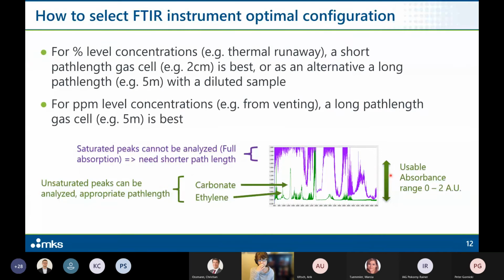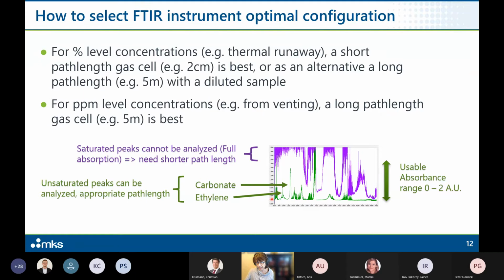Just to show you what happens with percent level concentration during a thermal runaway: if you use a regular 5 meter cell and measure at the height of the gas release, you get the spectrum in purple here, where essentially everything is absorbed.